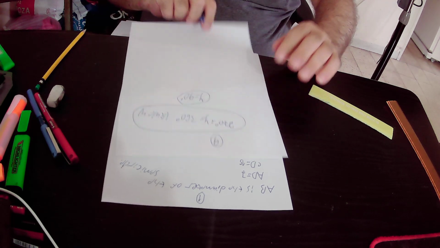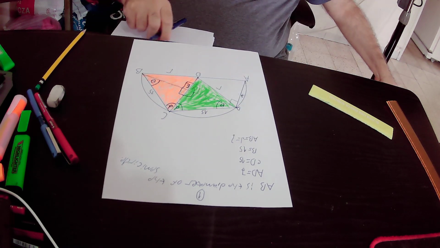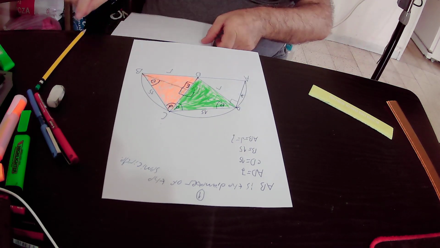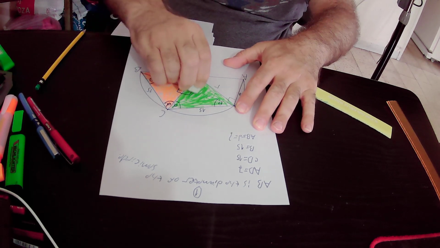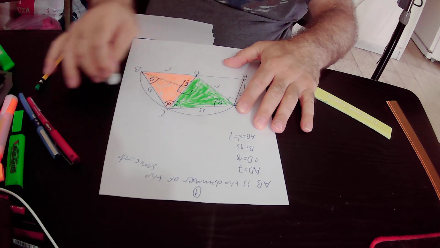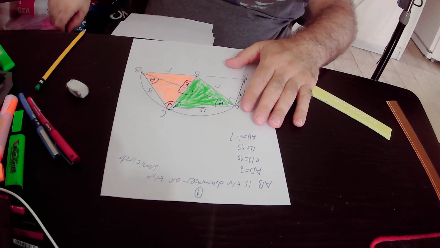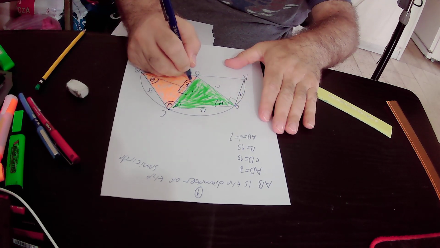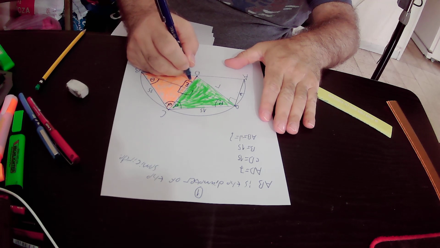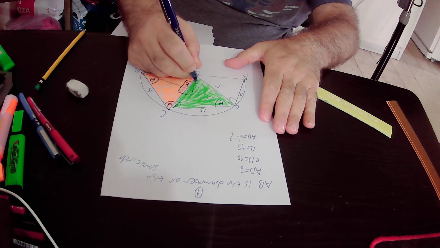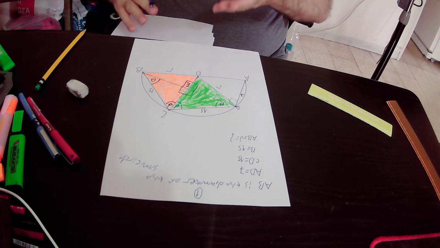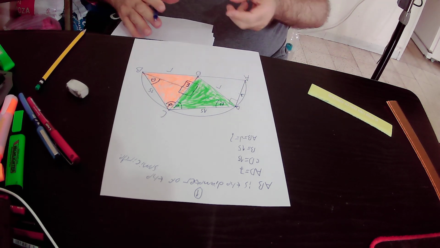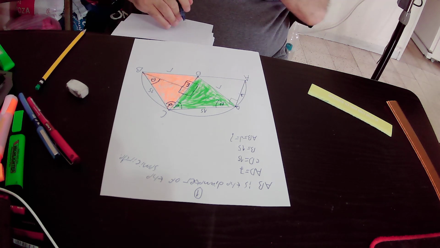So actually angle Y is a right angle, it equals 90 degrees in its size. So here angle OED is a right angle. So we actually found out that all the angles around point E are right angles.